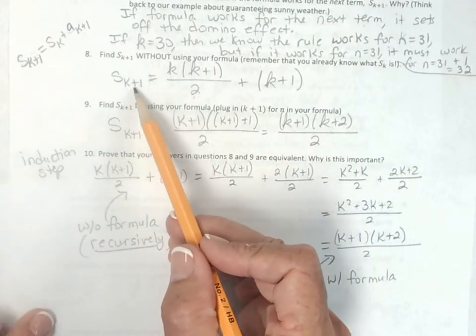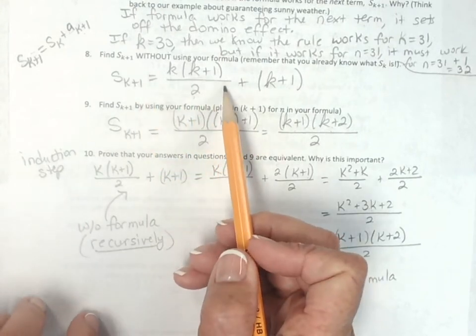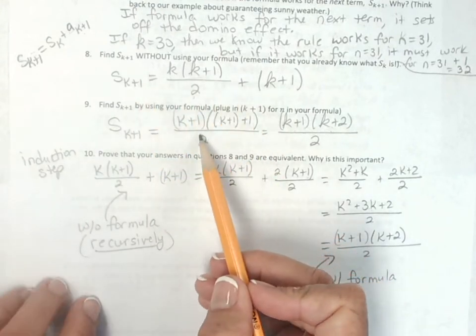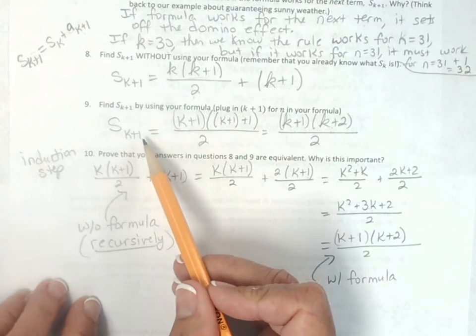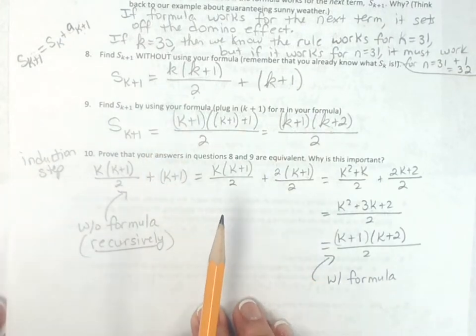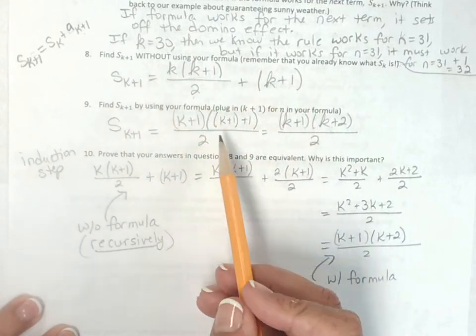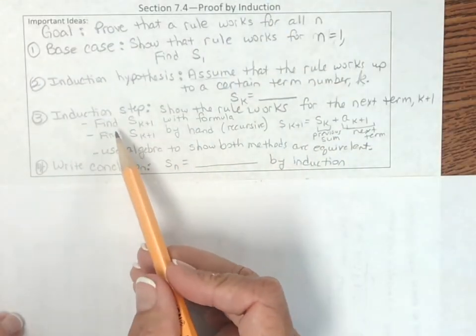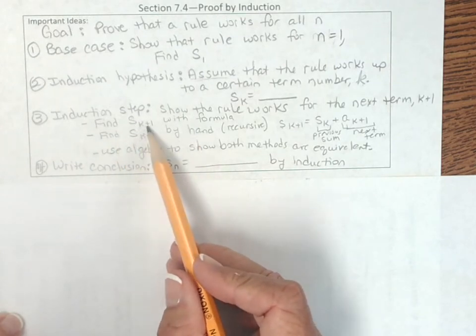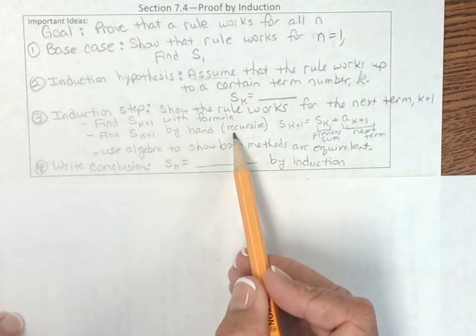And we showed what we got with the formula, and we showed what we got by plugging in k plus 1. So this was my recursive method. This was using the formula. So we found the sum of k plus 1 with the formula, and we did it recursively.